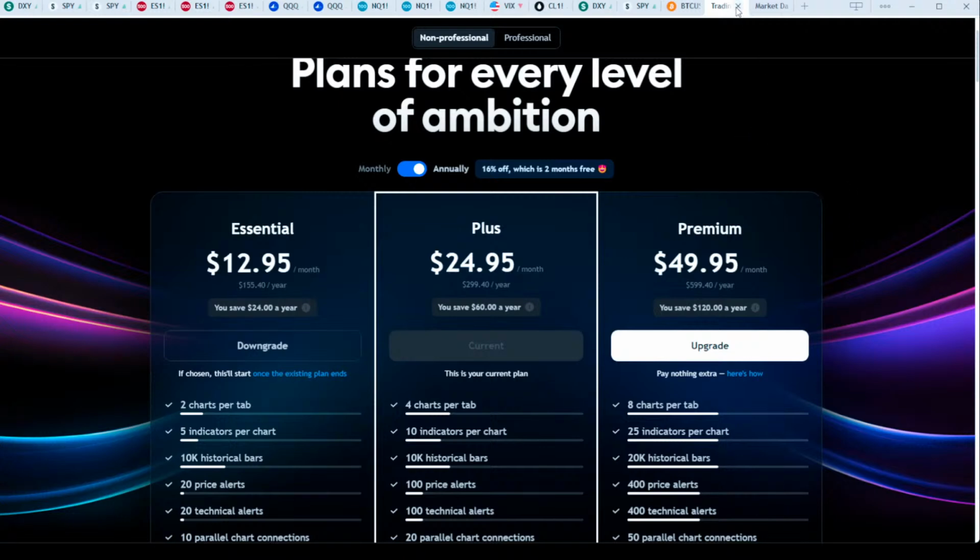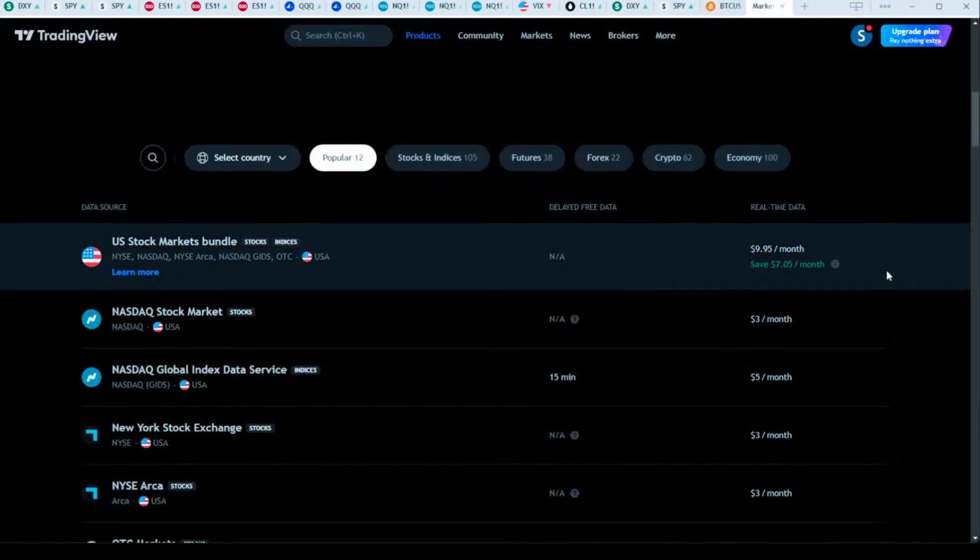The next thing we're going to move to is market data. So this is important. When you get the basic plan here, and this is a big difference between something like Thinkorswim and whatever else, when you are using TradingView, there is basic data that's built in.